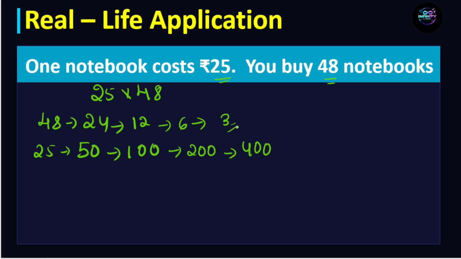Now we can't divide 3 evenly, so multiply 3 with 400. That is 3 times 400 is 1200. Fast mental calculation. By practice, you can multiply easily.